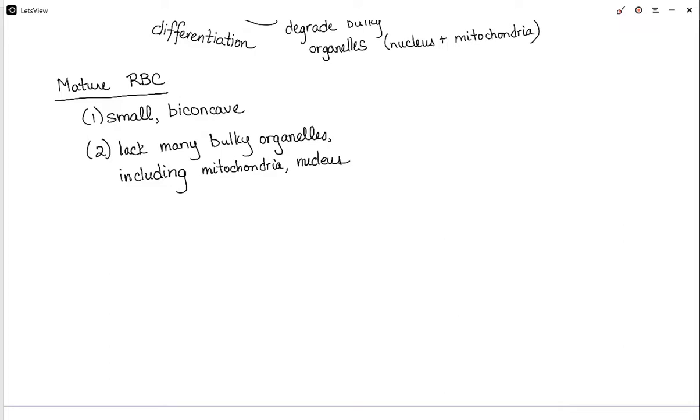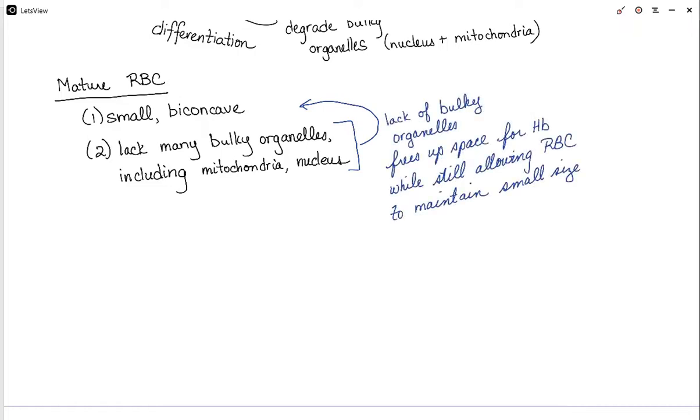This second part right here, this strategic elimination of those organelles, is so that the cell can make more room for hemoglobin while still maintaining a small biconcave shape, which is needed for reasons we have not yet discussed. Okay, so again, getting rid of bulky organelles frees up space. We can put more hemoglobin in there and still maintain our small size.